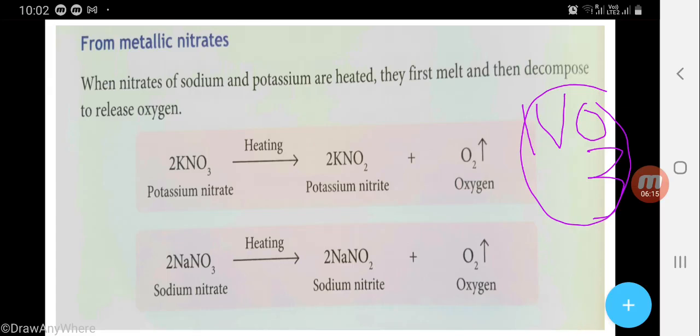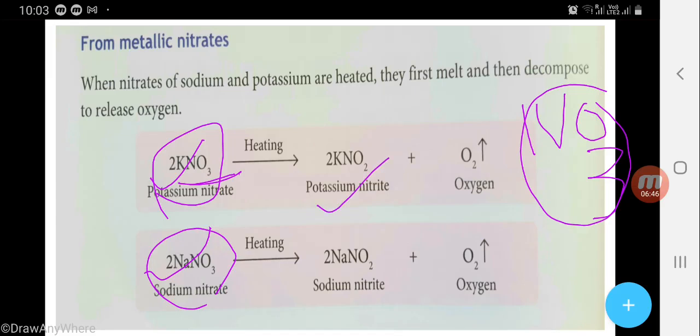So here the nitrate is combined with potassium and sodium, that's why it is called potassium nitrate and sodium nitrate.